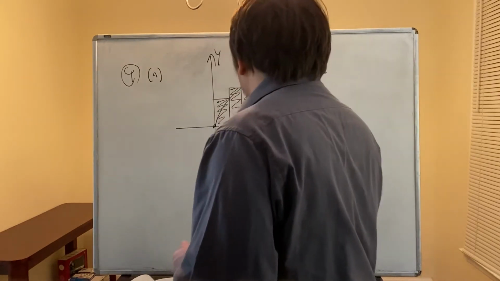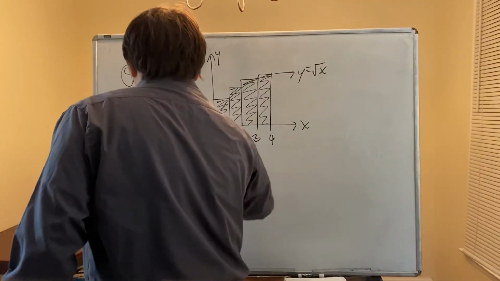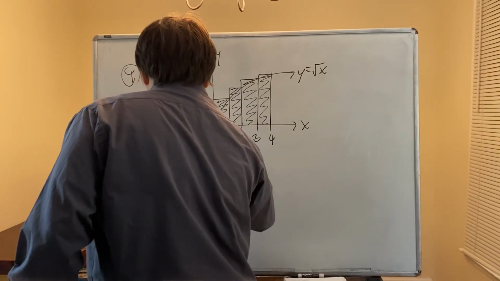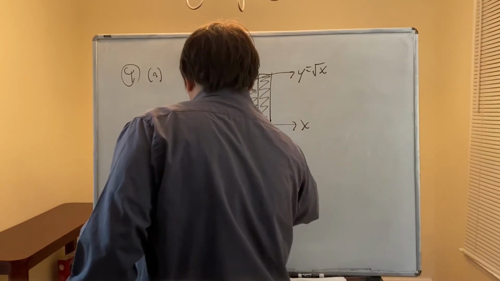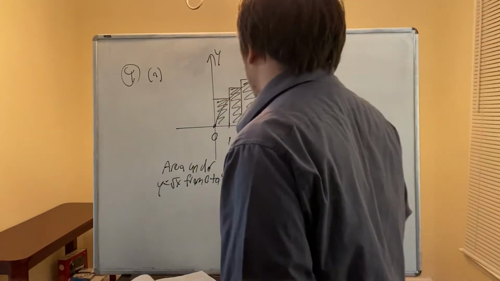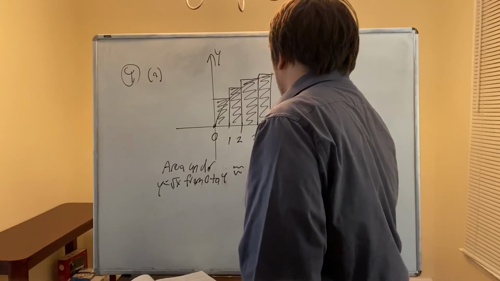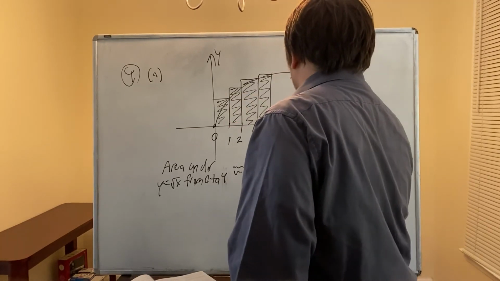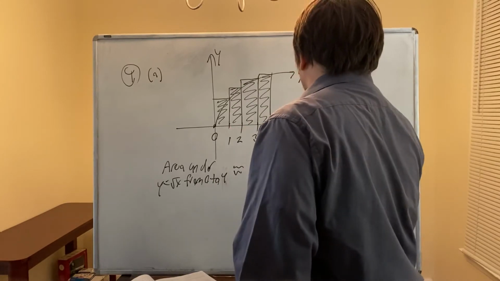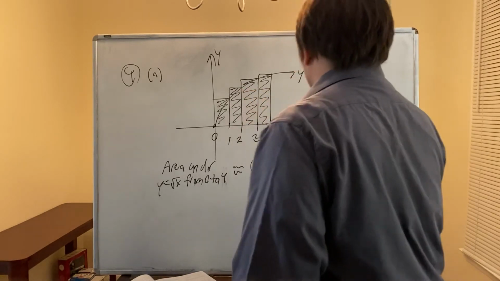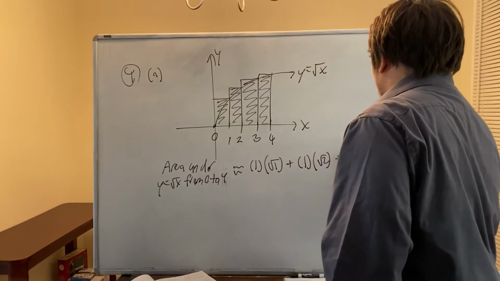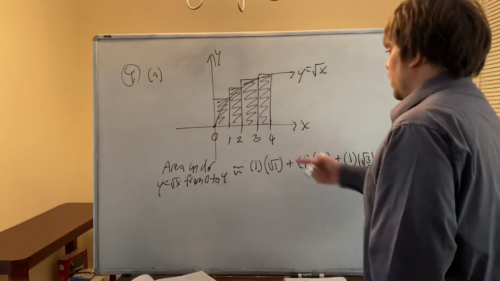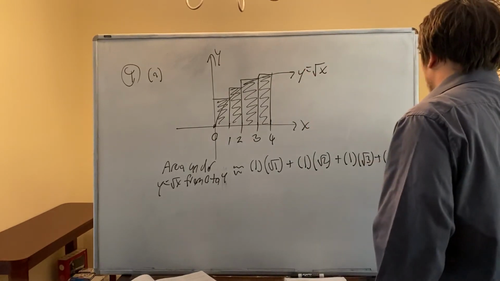So we're going to estimate the area. The area under y equals the square root of x from 0 to 4 is approximately the sum of those 4 rectangles, which is 1 times the value at 1, which is the square root of 1, plus the base here, which is 1, times the value at 2, which is the square root of 2, plus 1 times the value at 3, which is the square root of 3, plus 1 times the value at 4, which is the square root of 4.